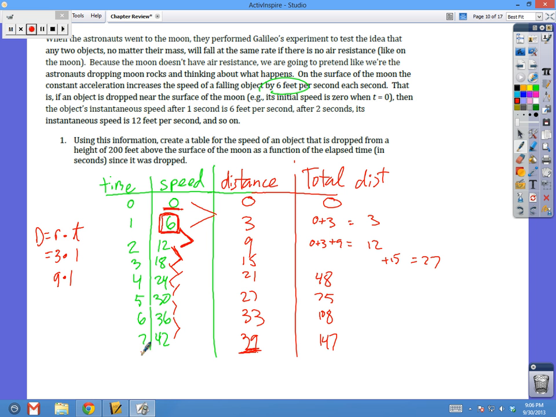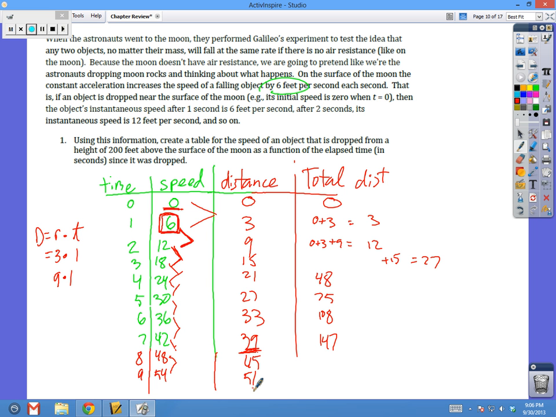Okay, at the end of the 8th second, his speed is going to be 48. At the end of the 9th, his speed is going to be 54. The distance he travels between 7 and 8 seconds: the average speed between 42 and 48 is 45. And then the average between 48 and 54 is going to be 51.